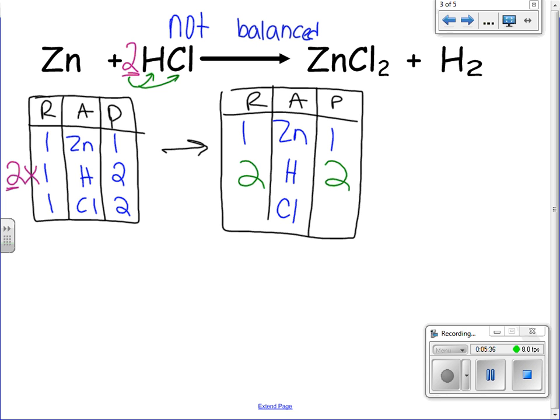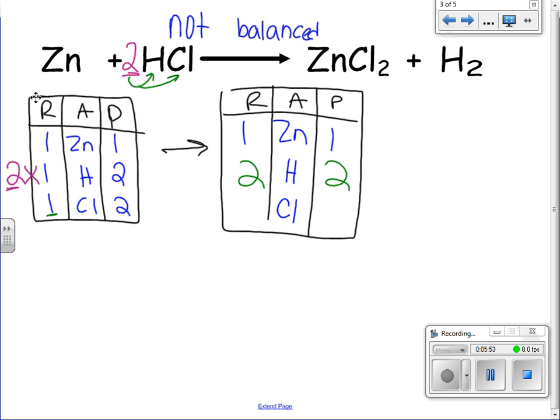Now let's look at our chlorine atoms. Initially we only had 1 chlorine atom in the reactants. Now we place that coefficient 2 in front of the compound that not only contains hydrogen in our reactants, but also contains chlorine in our reactants.